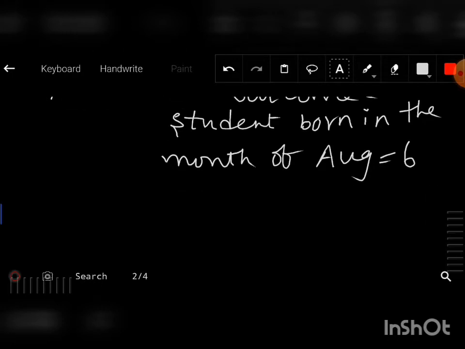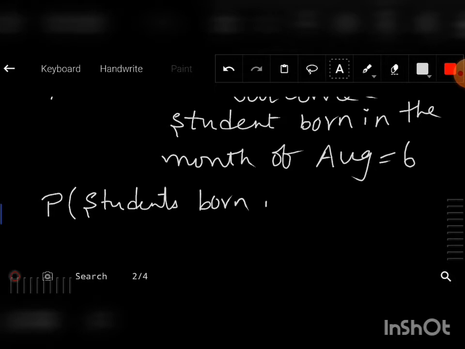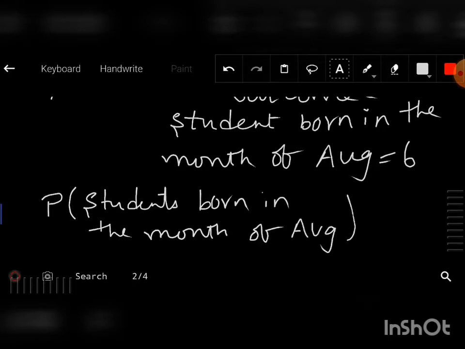We know the probability of students born in the month of August equals favorable outcome by total outcome, that is 6 by 40, equal to, after cancellation, 3 by 20.